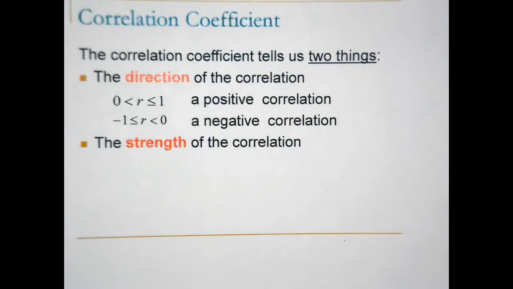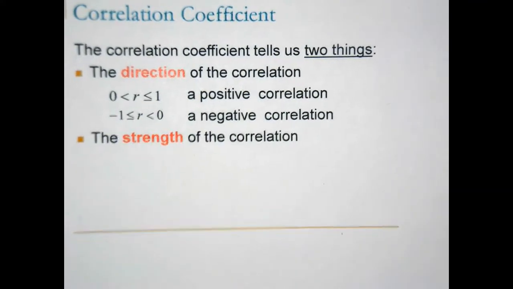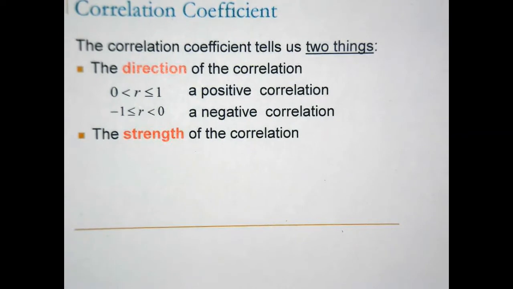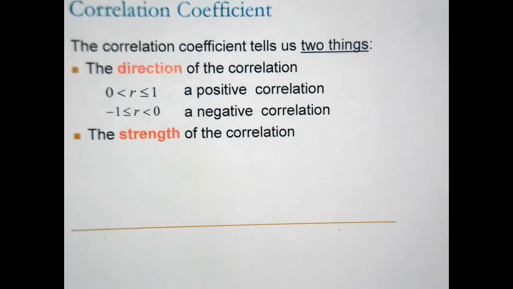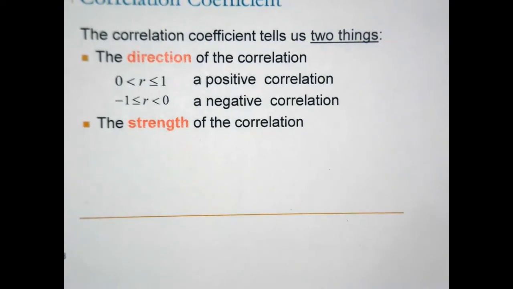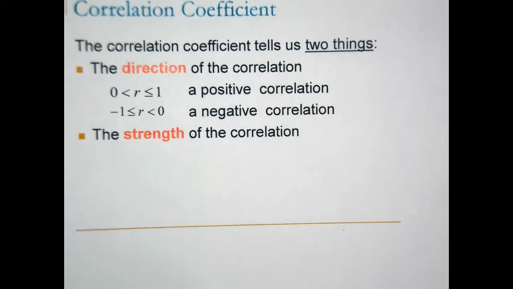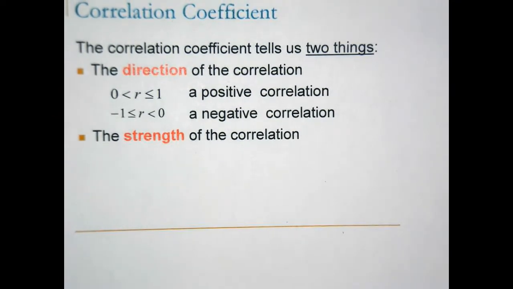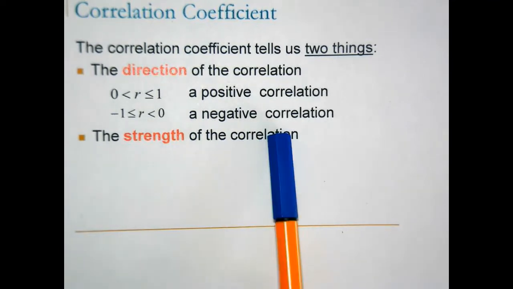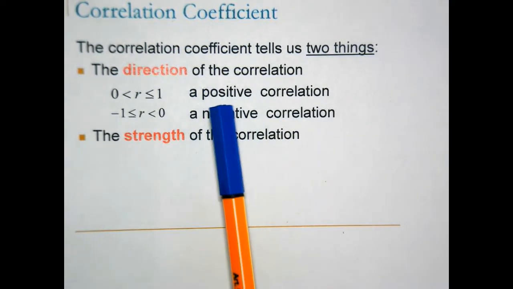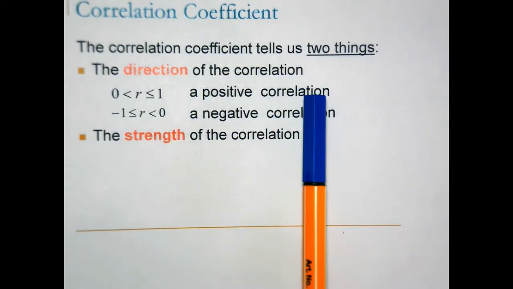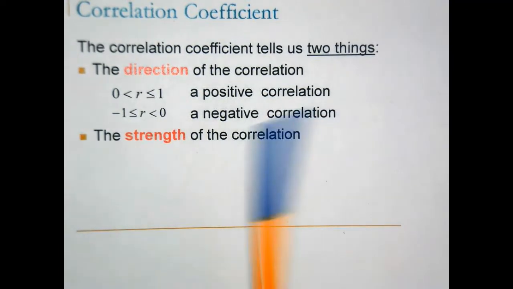So the correlation coefficient tells you two things about your correlation. First of all, depending on whether you get a positive number or a negative number, you will know if you have a positive correlation or a negative correlation, meaning that if the independent variable increases, is the dependent going to increase or decrease?